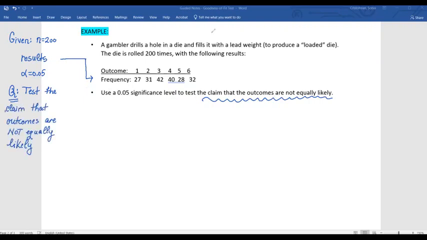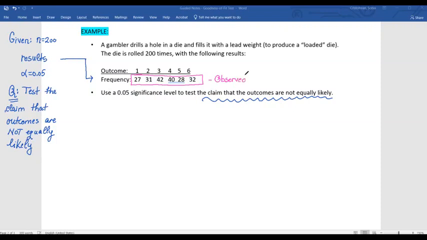So let's see, first of all, why do we need to use a goodness of fit test? Well, this problem is about the frequency of outcomes. We have these results, and if you think about it, these are the observed results.